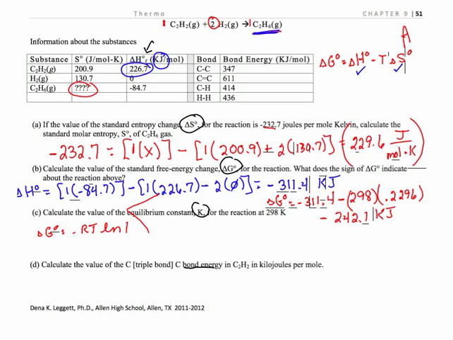Our R is in joules, and therefore the delta G needs to be in joules as well. So minus 242,100 is equal to a minus 8.314 times 298 ln of K. Now, if you do that algebra, frankly, I think this is pretty silly to be calling this equilibrium, but hey, I'm not in charge here.